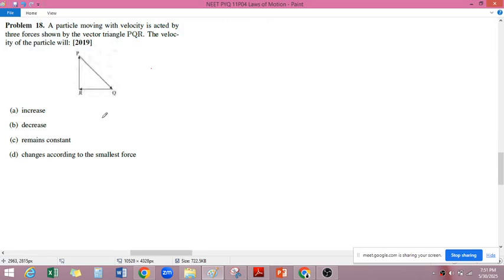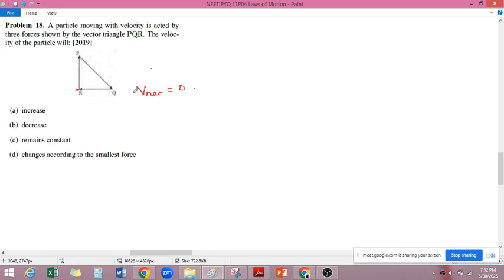A particle moving with velocity is acted by three forces shown by the vector triangle. The velocity of the particle will be, so you can see that something is going this way, and then this way. So that means if I start here, the net force will be 0 because it is coming back to the same point.